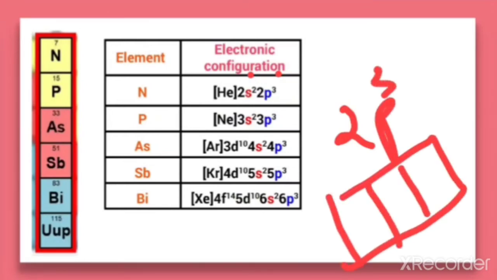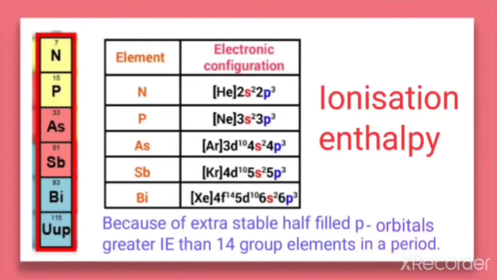When you draw it in boxes, it is clear that 2p is half filled and 2s is completely filled. Because of extra stable half filled p orbitals, they have greater ionization enthalpy, and their ionization enthalpy is much greater than that of group 14 elements in the corresponding periods.